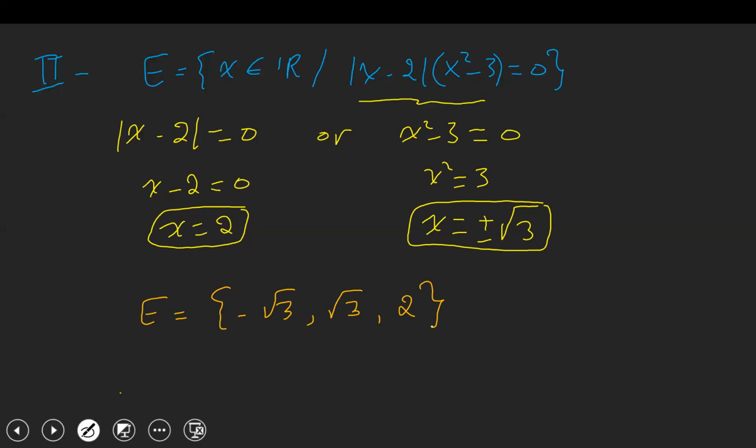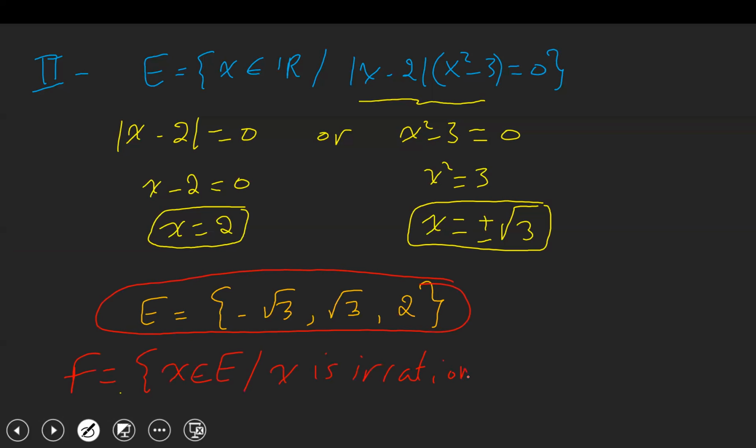Okay, what about the second set? It was F. F says X belongs to E such that X is irrational. So I have to choose one or more of the elements of E such that X is irrational.